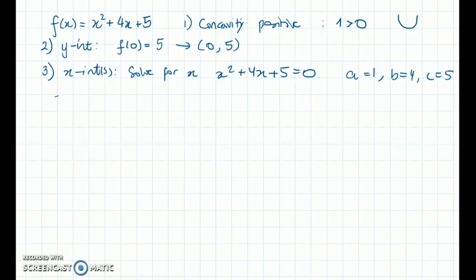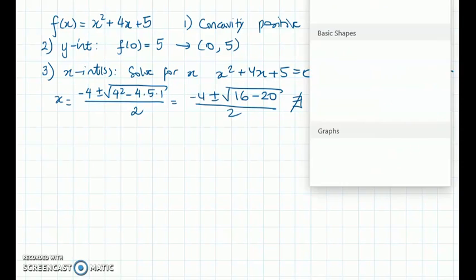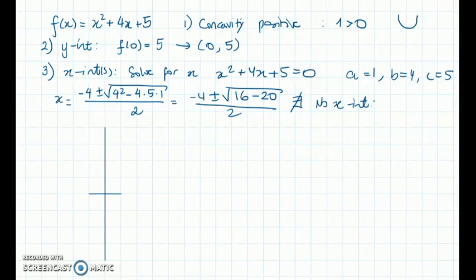So I have to find the result of doing minus b plus minus the square root of 4 squared minus 4 times 5 times 1, all of that divided by 2, and you will immediately see that this cannot happen. We cannot find a solution for this because we have the square root of 16 minus 20, and that's a negative number, so it does not exist, so there are no x-intercepts.